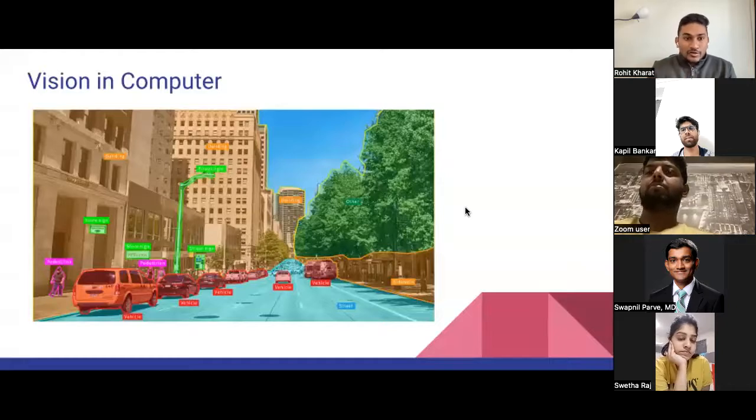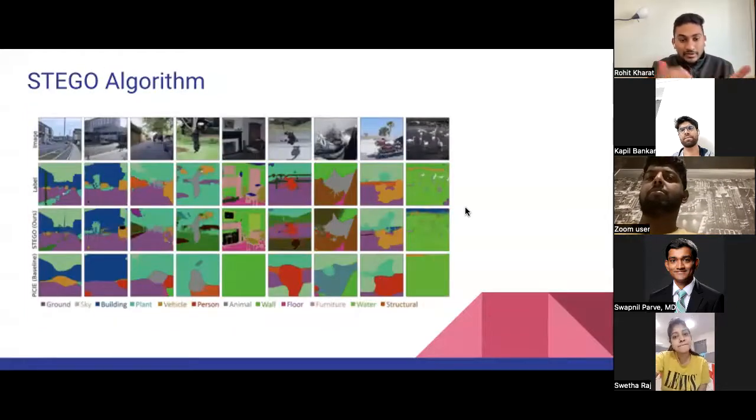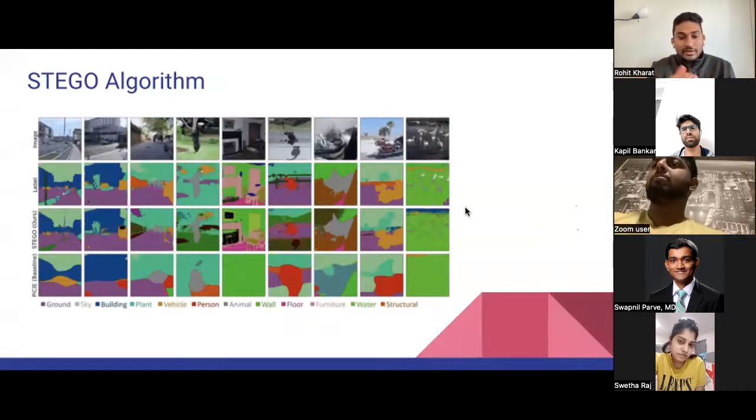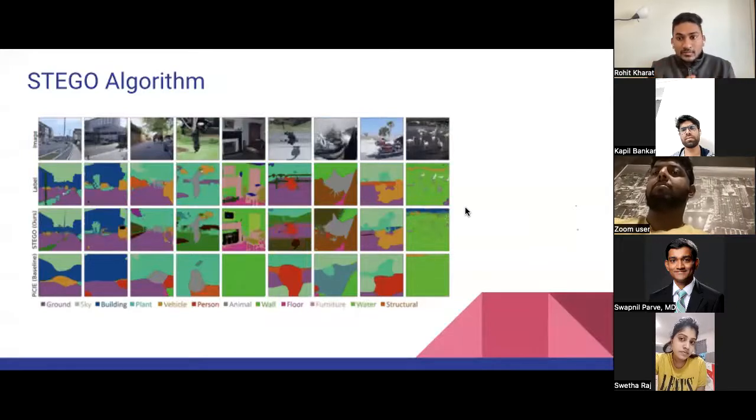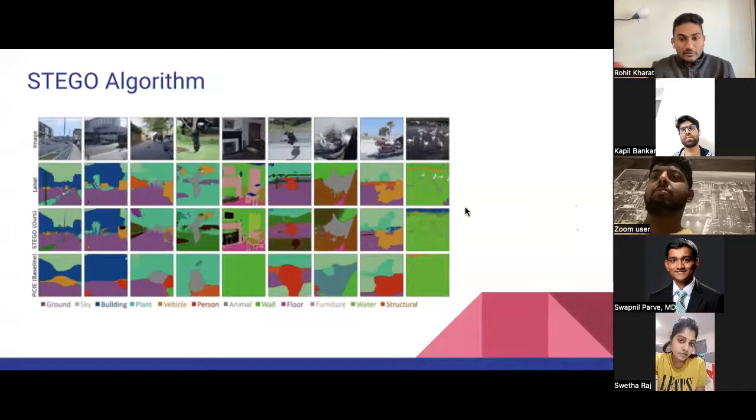And so moving forward, how are the MIT researchers approaching this scenario where we want to minimize the labeling errors? They have come up with an algorithm in collaboration with Cornell University and Microsoft, called the STEGO algorithm, which stands for self-supervised transformer with energy-based graph optimization.